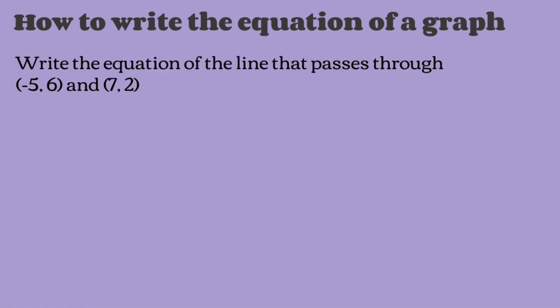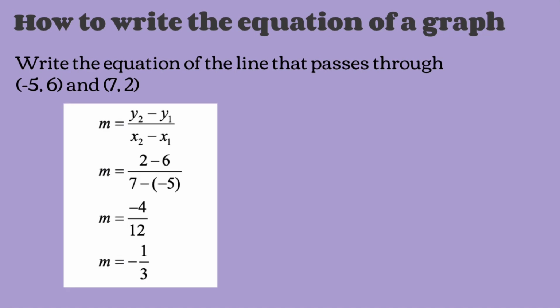So our problem is: write the equation of the line that passes through (-5, 6) and (7, 2). We're going to start by doing our first step, which is finding the slope and substituting these coordinates into the y2 minus y1 over x2 minus x1 formula.